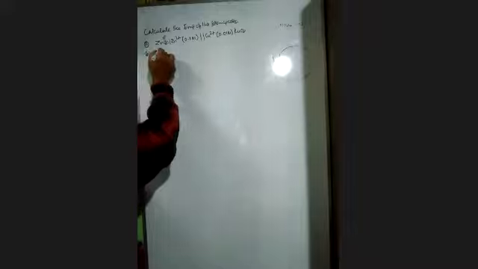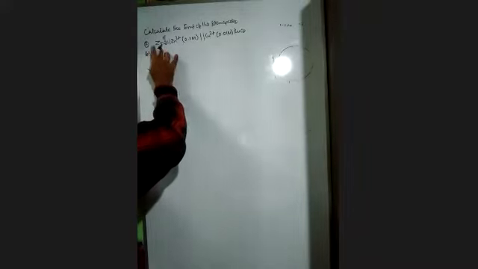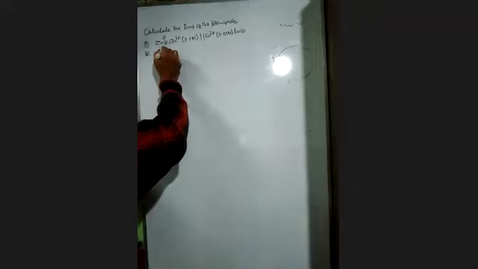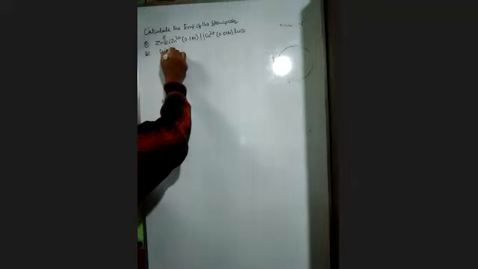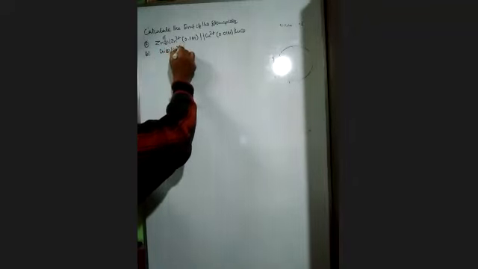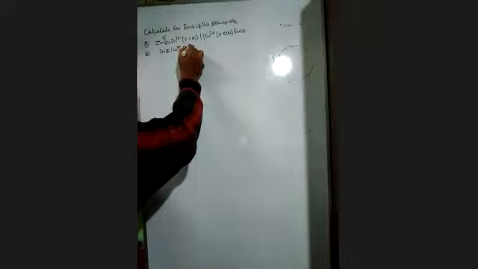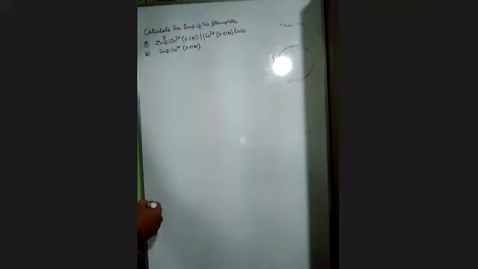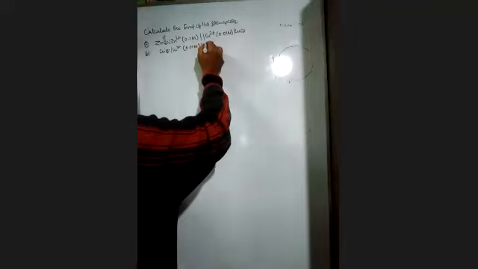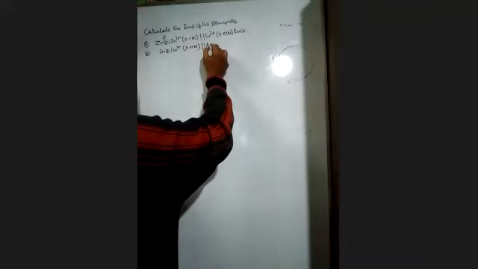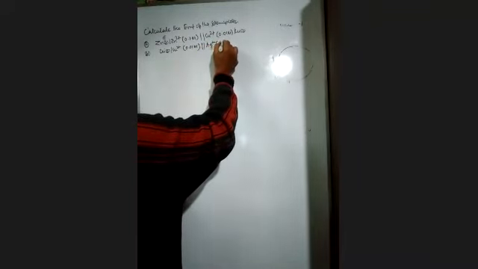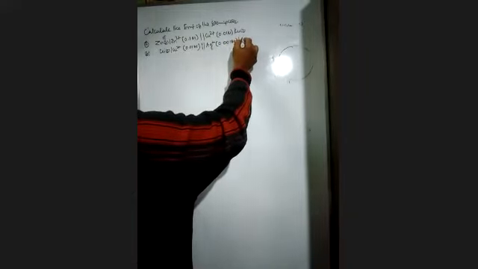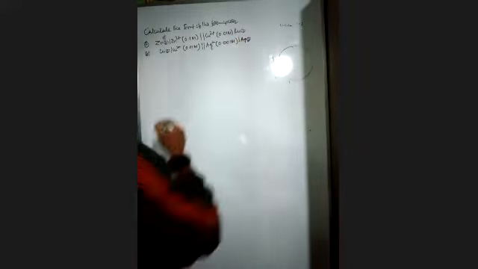And B: Cu(s) | Cu2+ 0.01 molar || Ag+ 0.001 molar | Ag.